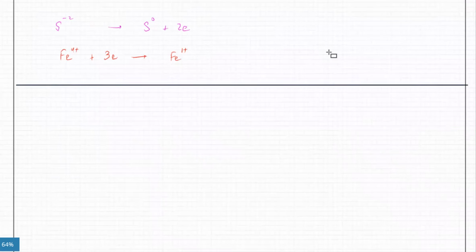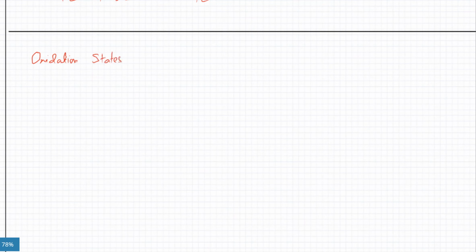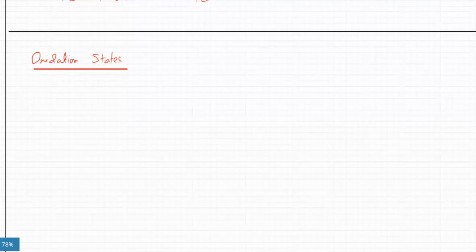What are oxidation states, and how do you assign elements charges? It's not an issue in ionic compounds.